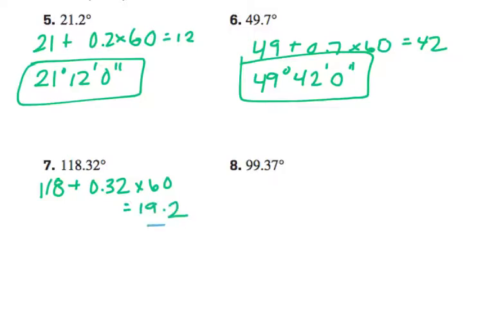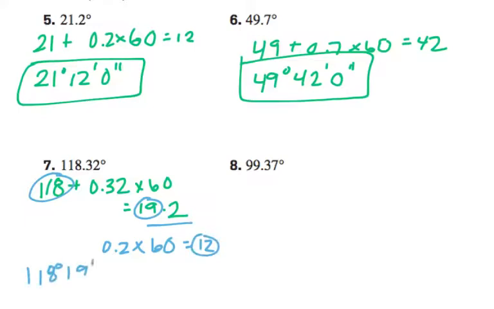So then you need to take that 0.2 and multiply by another 60, because now you've multiplied it by 3,600. And so 0.2 times 60 is 12. So we have 118, 19, and 12, which means our answer is 118 degrees, 19 minutes, and 12 seconds.